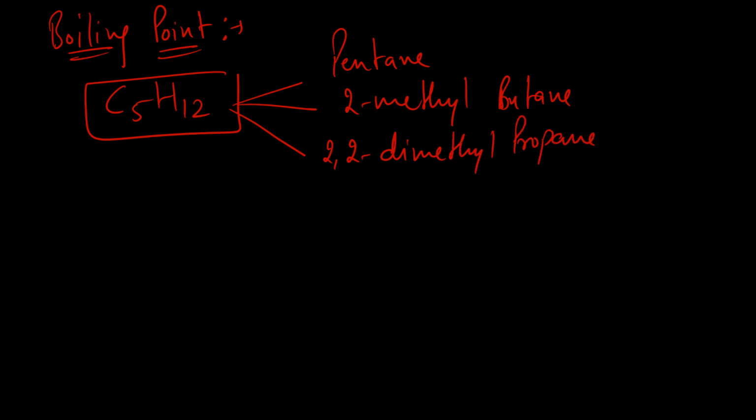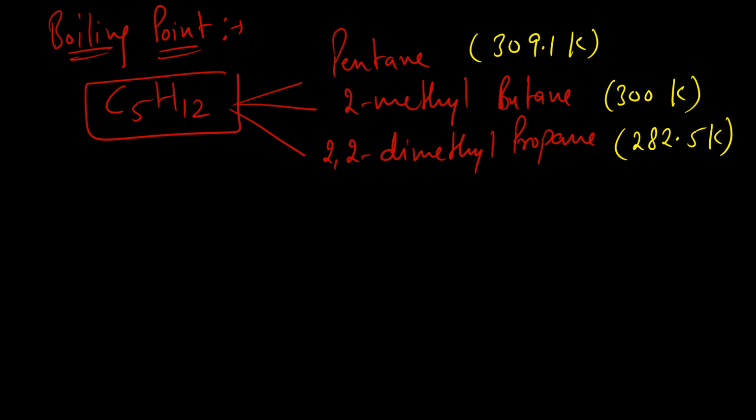So if we check the boiling points of these, pentane has a boiling point of 309.1 Kelvin, while 2-methylbutane has 300 Kelvin, and 2,2-dimethylpropane has 282.5 Kelvin. Now, why do they have different boiling points while they have the same molecular formula?